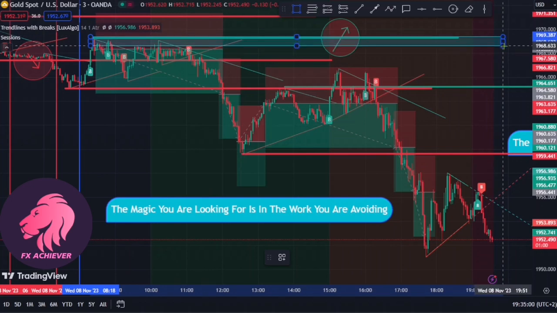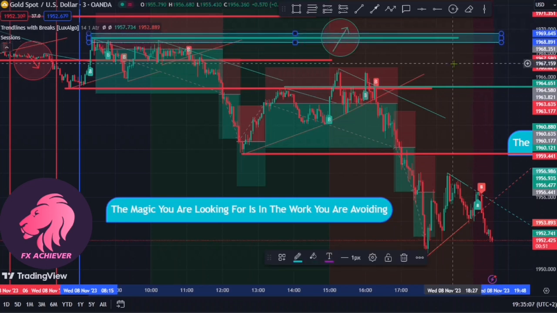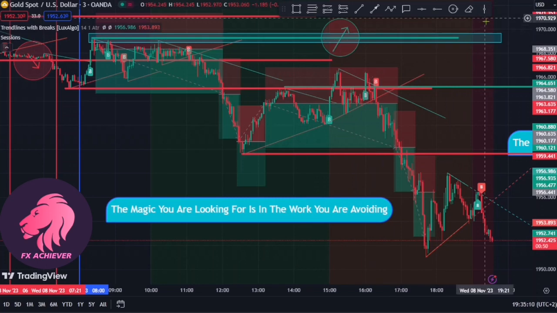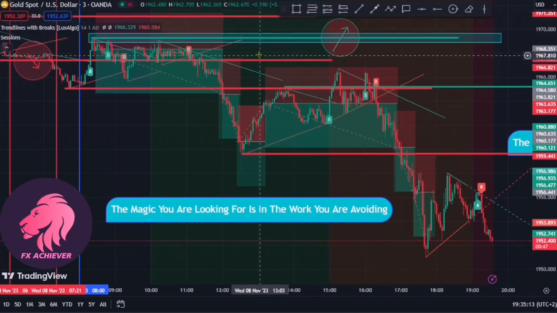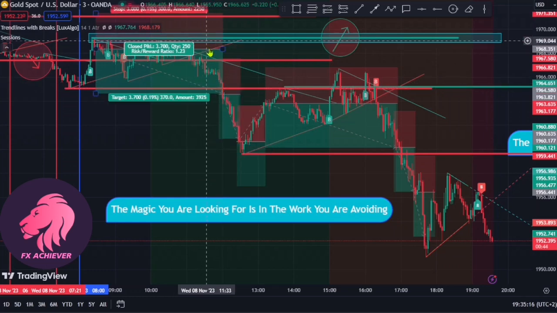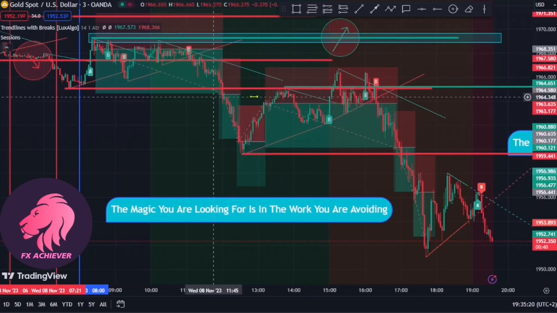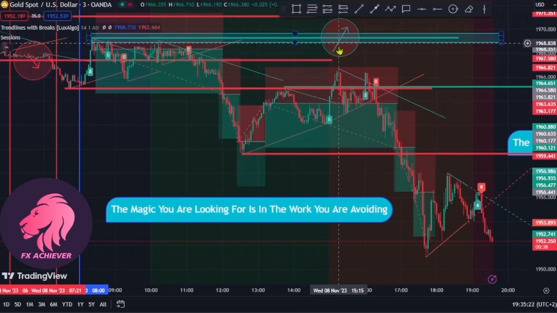This is the one which we consider. If this one then gets broken, then we can say price has actually changed direction. So below this zone, we continue to look for selling opportunities.